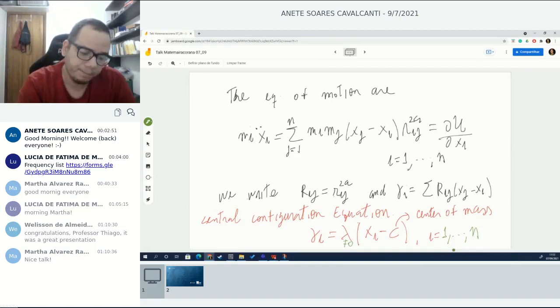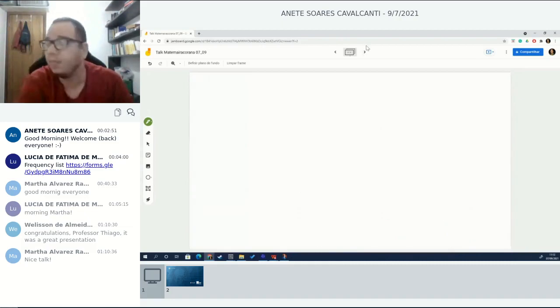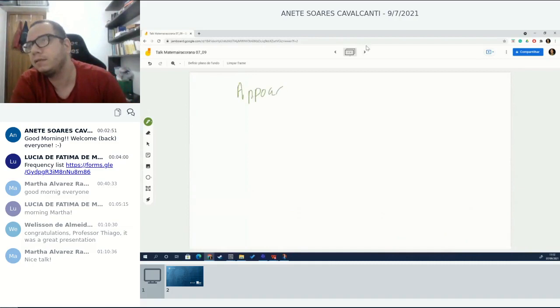And if we use, for example, there are a lot of approaches from algebraic geometry.